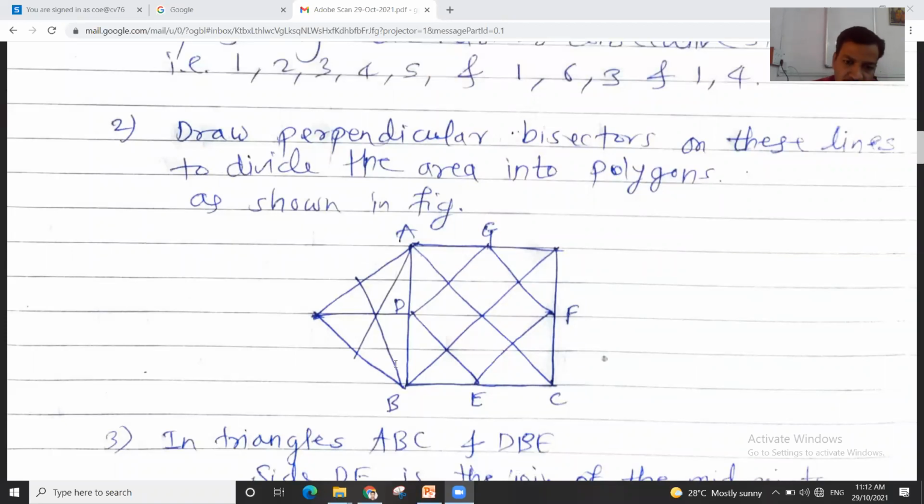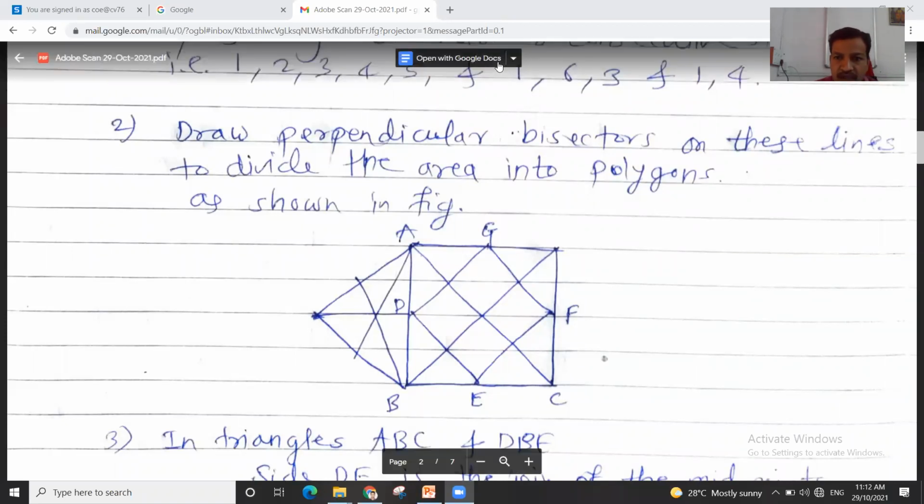Bisector आपण काढलेला आहे. Bisector काढले the 3 apexes of this triangle, we join. Okay. The 1/3 घेतलेलं आहे.